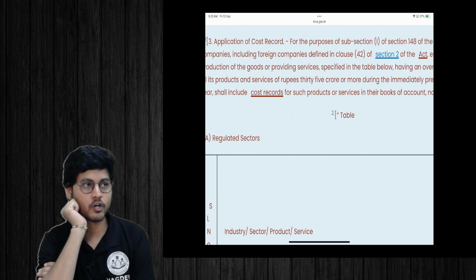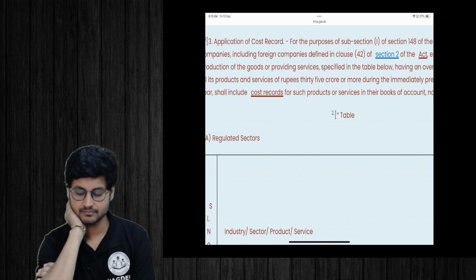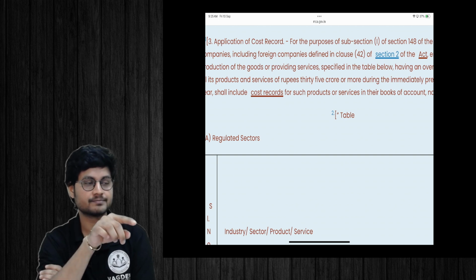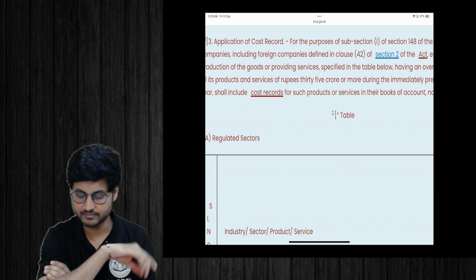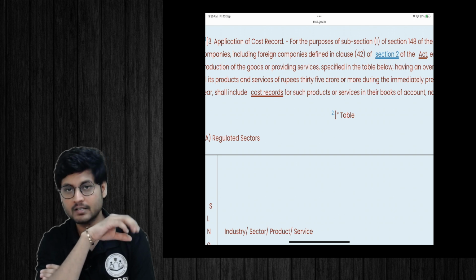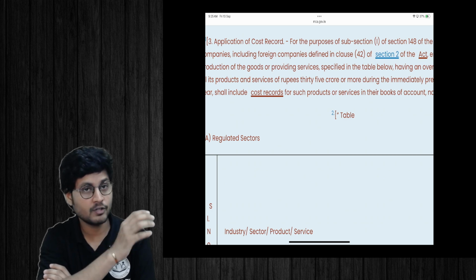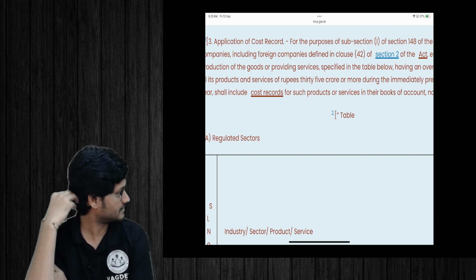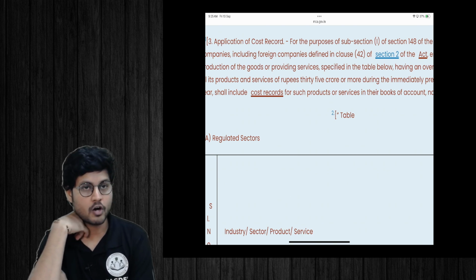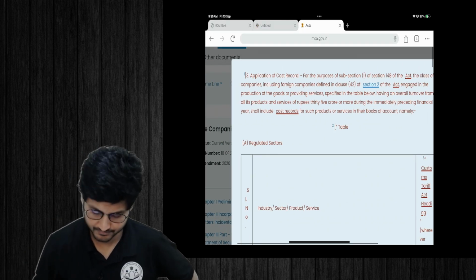Such companies shall prepare cost records for such goods which are mentioned in table A or B of rule number 3.